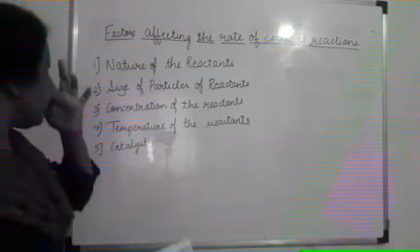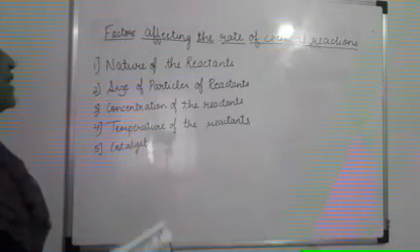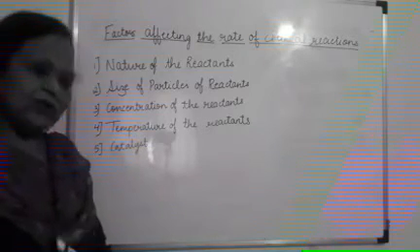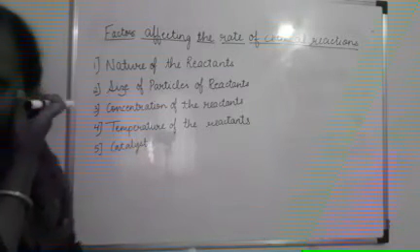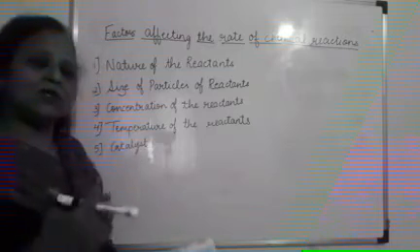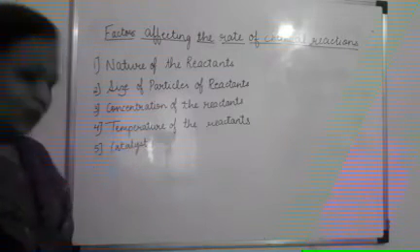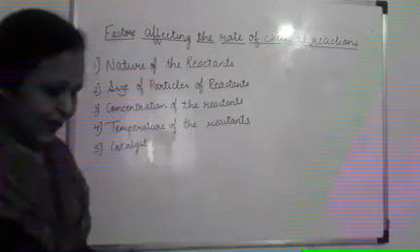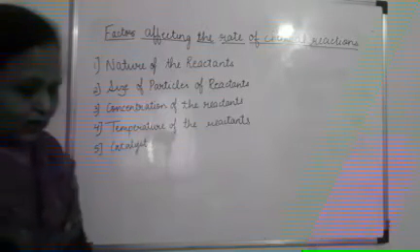This then is the second factor we are going to see: size of particles of reactants. Size matters. If the size is larger or the size is smaller, due to the size of the particle it affects the rate of chemical reaction. Let us see through a small experiment.